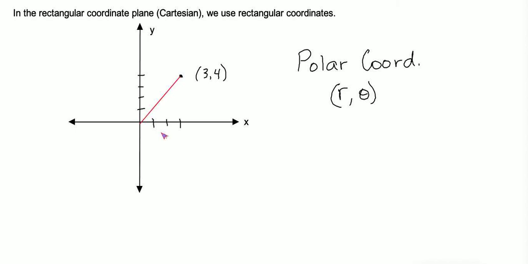So we're going to use our traditional angles, and we're going to use theta to represent that angle. So let's label the distance r. That is the distance. And then we already have theta labeled. That is our angle measure.